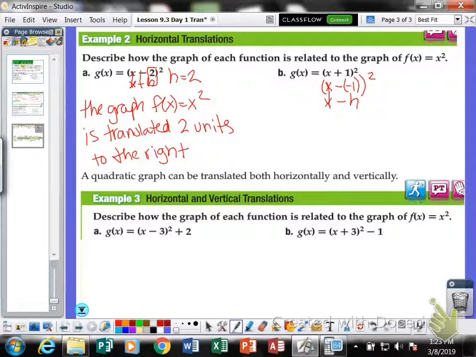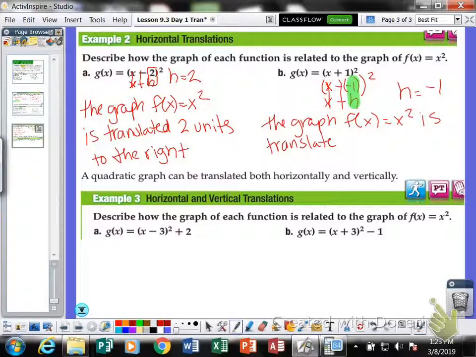So the x's match, the minuses match, and now h in this case is negative 1. Okay? So now because h is negative 1, the graph of f of x equals x squared is translated 1 unit to the left.